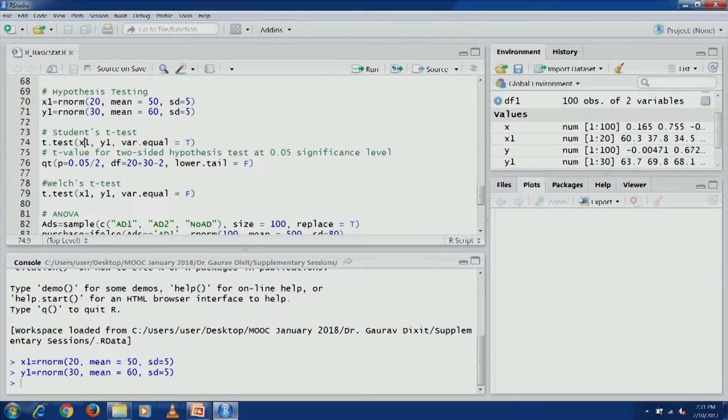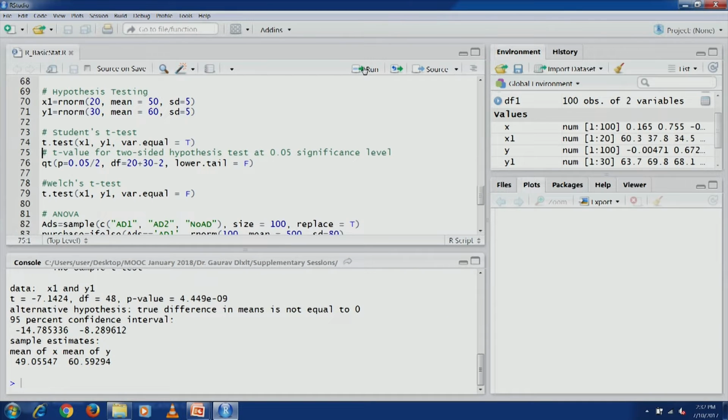This is related to variance, where as we understand, in student's t-test the variances of two populations are supposed to be equal. So, in this case var.equal is assigned as TRUE. Once you write this code, we can execute it. So, let us do the t-test here.